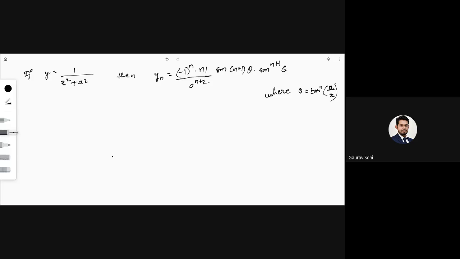The same thing, whatever we have done, can be done for this function too.